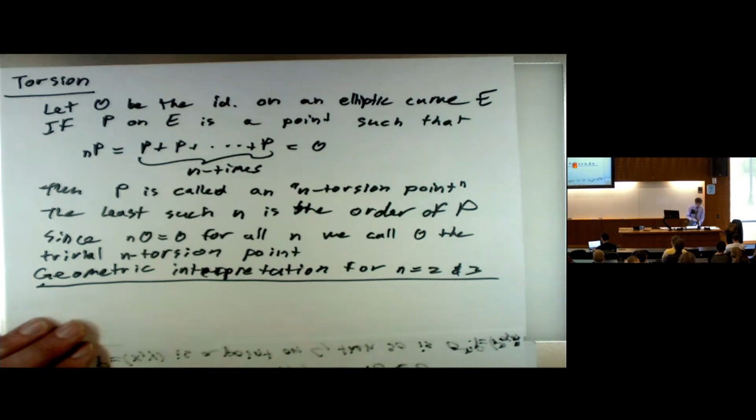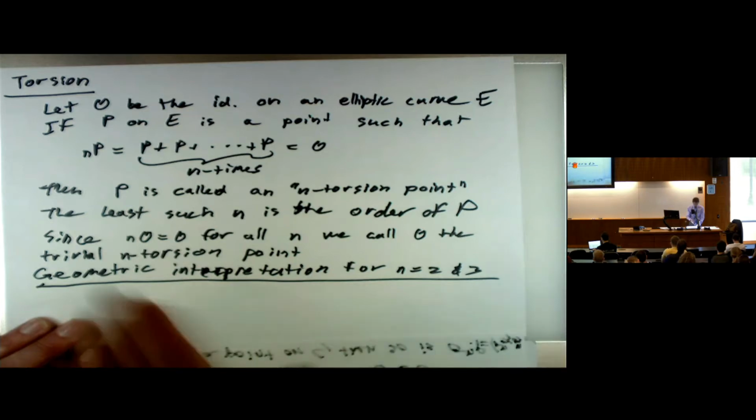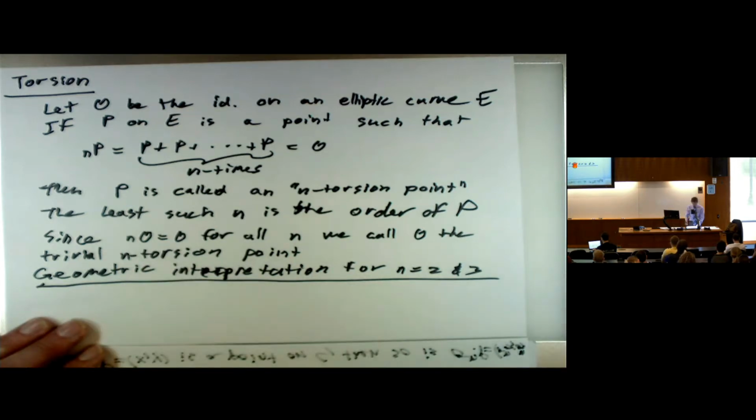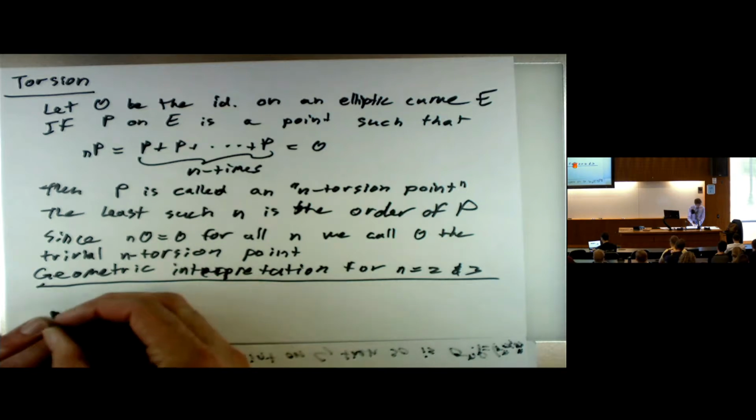So y squared equals a cubic, vertical tangent line, and you get that the y coordinate is 0. So you're basically looking at the roots; your x coordinates are the roots of the cubic polynomial f. So that's in the case of 2.